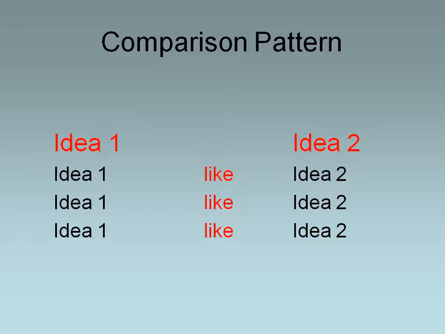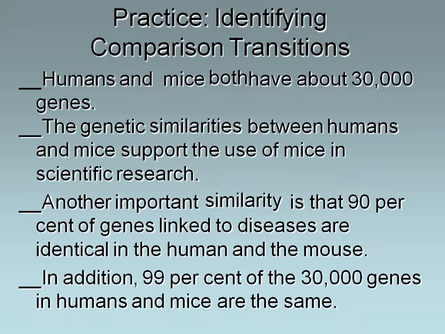When comparison is used to organize an entire paragraph, the pattern looks like this chart. Read the following sentences which explain the genetic similarities between humans and mice. The organization and transition words are in bold red type.